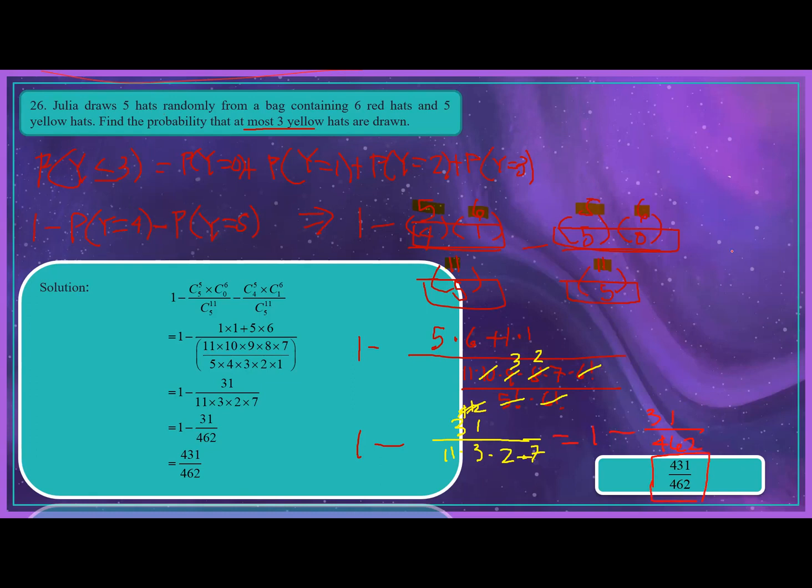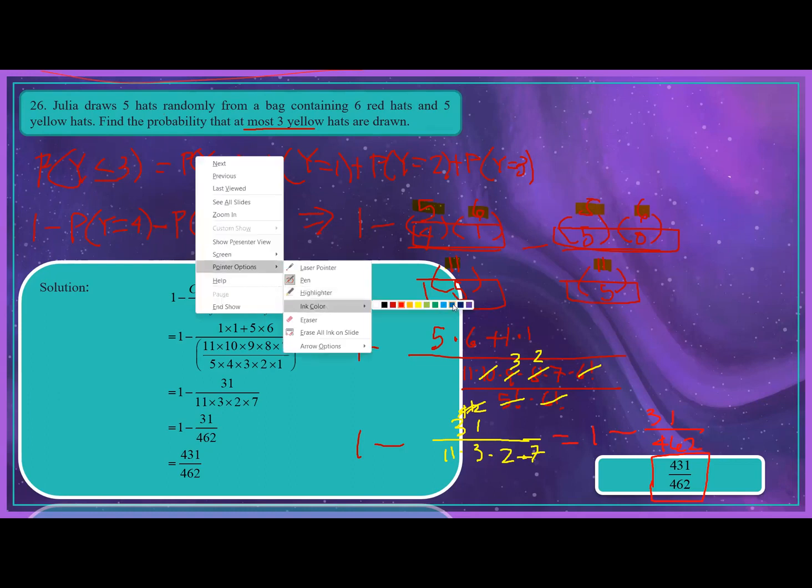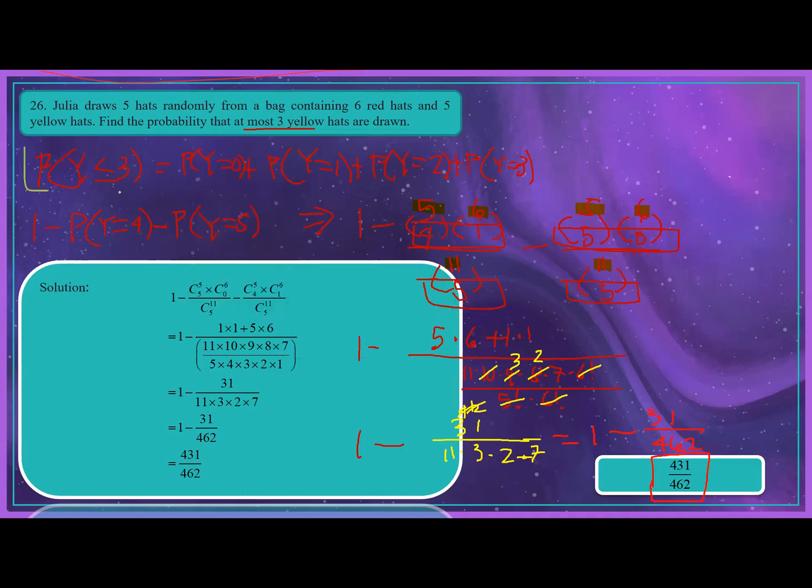Any question? Imagine if you did 0, 1, 2, and 3 instead. You're adding two more terms, so basically twice the amount of time. So for this kind of solution, you save half of the time. The only problem with the first equation is that it's time consuming, and in competitions, time is your enemy.